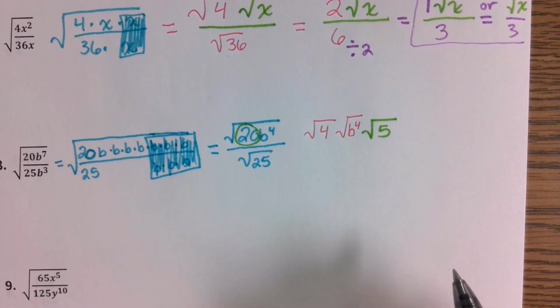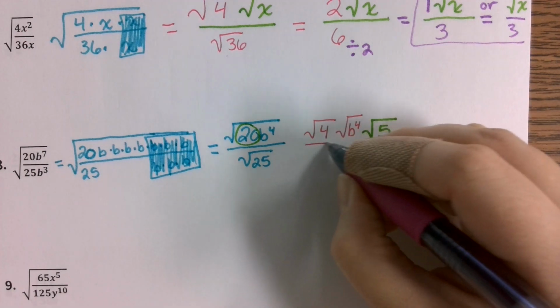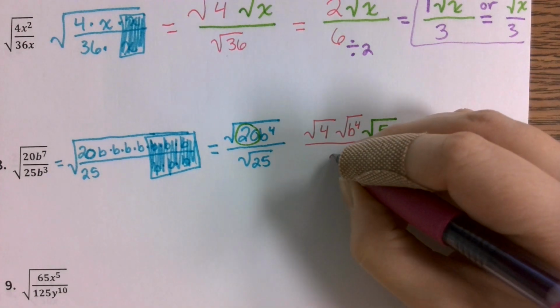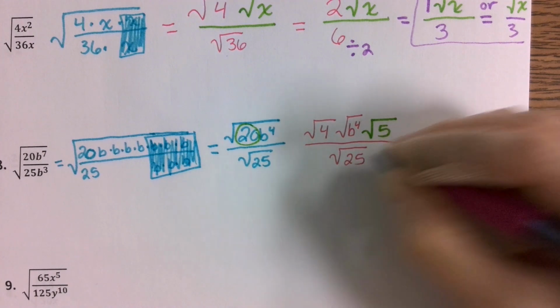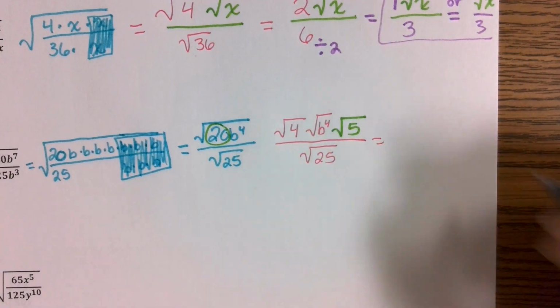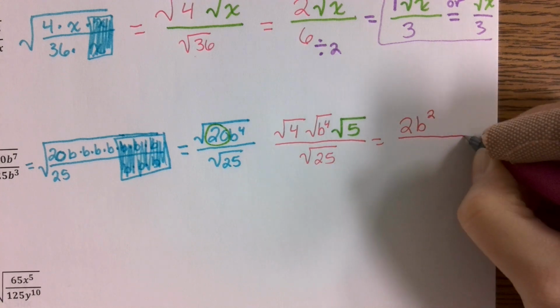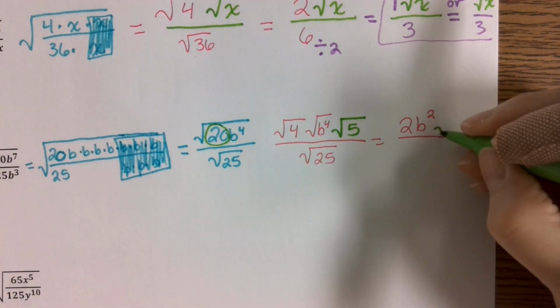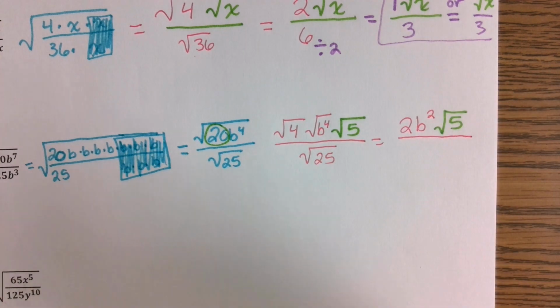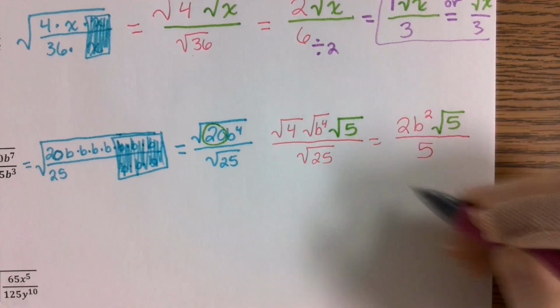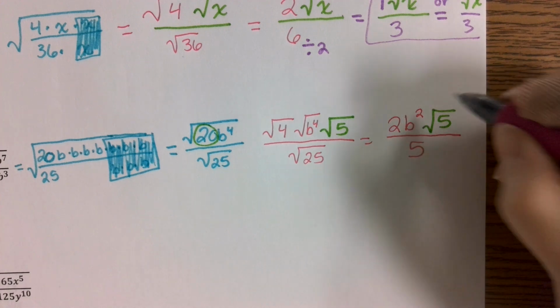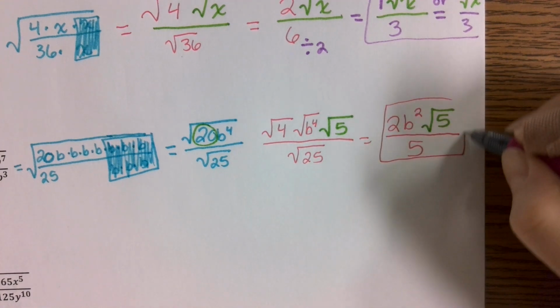That is a perfect square. Okay, is square root of 25 a perfect square? Yes. So then when I take my square roots, I should get 2b to the 2nd, and then square root of 5 over 5. Can I simplify this any further? No. That's as final as it's going to get.